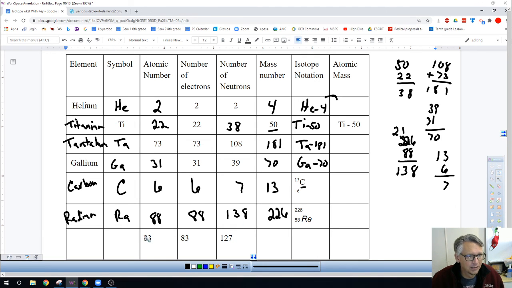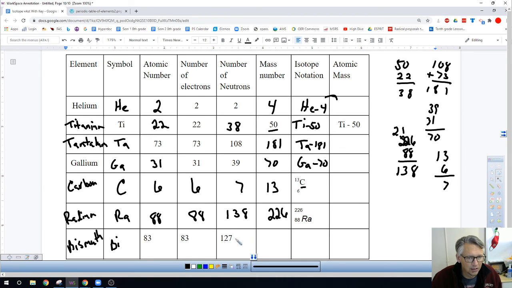And then the last one tells us that it has an atomic number of 83. So if we find 83, that's bismuth. About the only time you'll ever run into bismuth is if you are a hunter. You may buy shells that are made out of bismuth. Its atomic number is 83. It has 83 electrons.